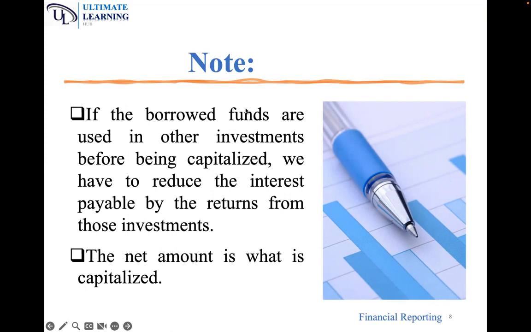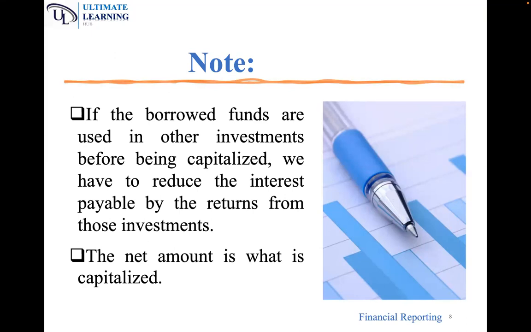What is a qualifying asset? A qualifying asset is an asset that takes a significant period of time to be ready for use. And then we have said, when does capitalization start? What we call commencement of capitalization. Capitalization starts when three conditions are met. Expenditure on the asset is being incurred, borrowing costs is being paid, and number three, activities that are ready to prepare the asset for use are in progress.